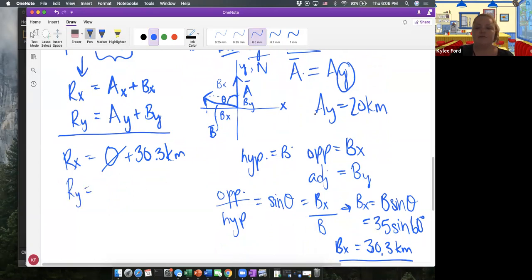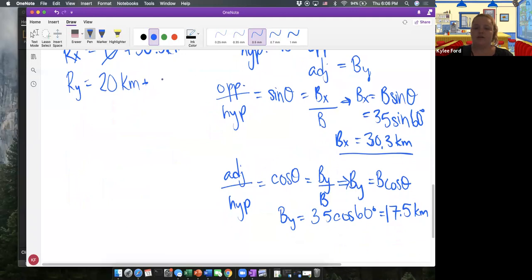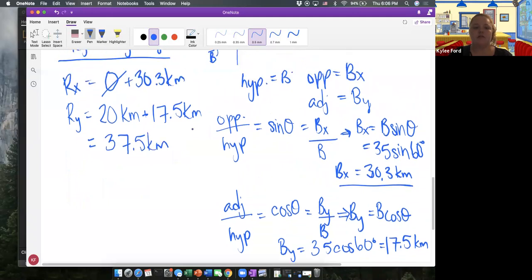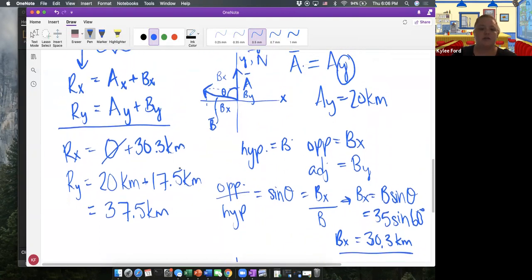Our Ry is going to be our A vector, and our B in the Y direction is 17.5 kilometers. Adding those two, we get 37.5 kilometers. So now we have each component of R, our Rx and our Ry.